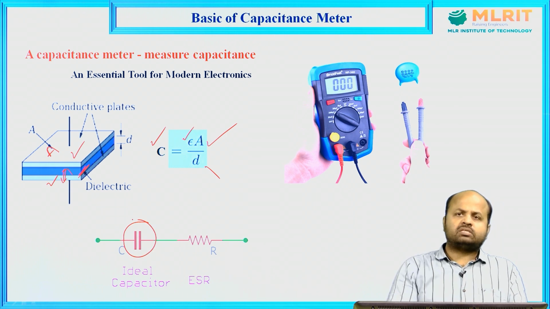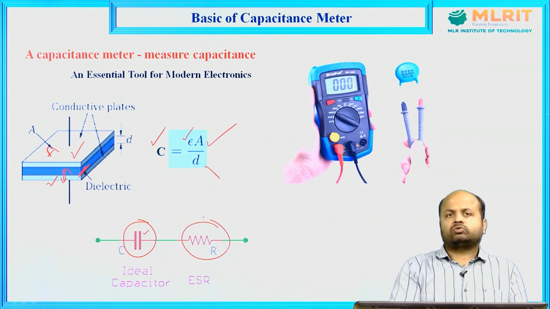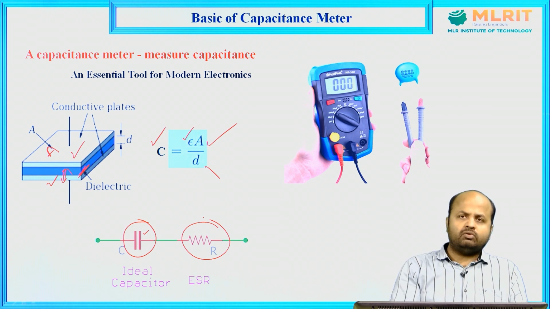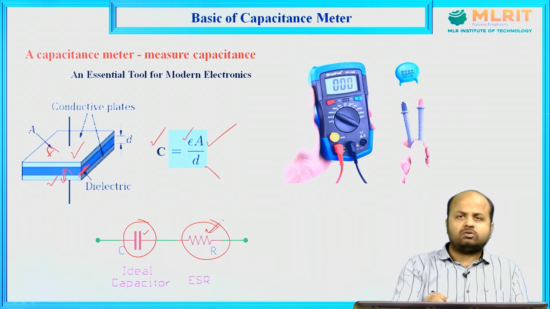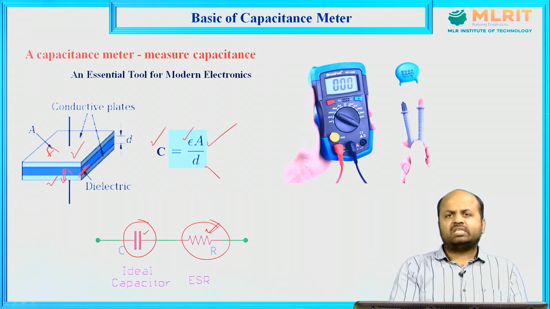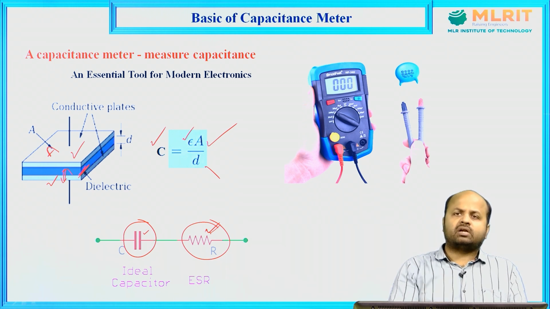In the symbol, there are two parallel plates, and in series one resistor is also shown. Normally we don't use this resistor every time. The importance of this resistor is that it shows the internal resistance of a capacitor, because everything in the world has some internal resistance.